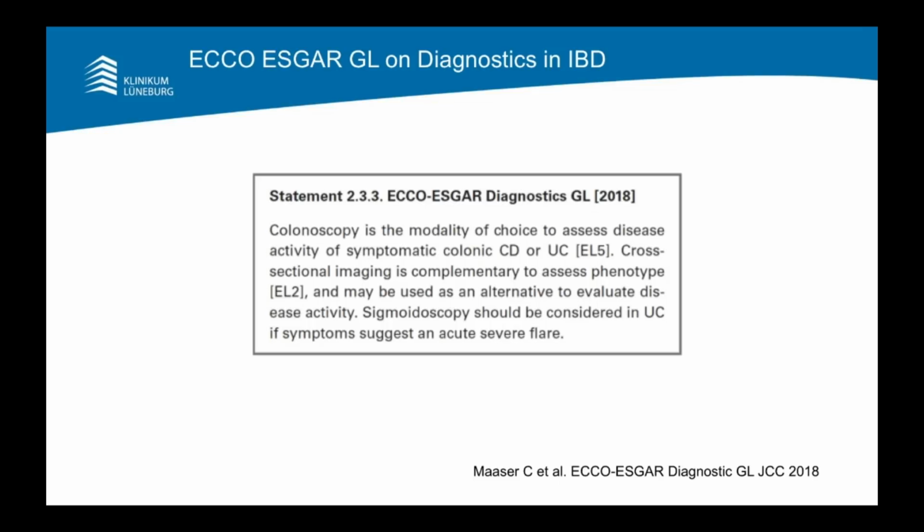But if you look at the most recent ECCO-ESGAR diagnostic guideline, you can clearly see that colonoscopy is the modality of choice to assess disease activity of symptomatic colonic Crohn's disease or UC, and cross-sectional imaging is complementary to assess phenotype and may be used as an alternative to evaluate disease activity. Sigmoidoscopy should be considered in UC if symptoms suggest an acute severe flare, but again, as you can see in the statement, cross-sectional imaging such as intestinal ultrasound is also a valid method.